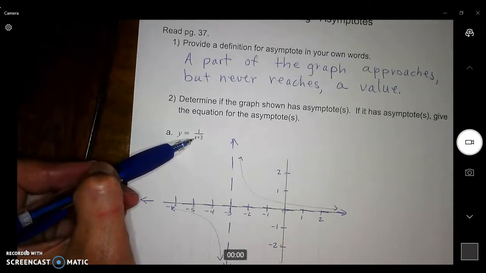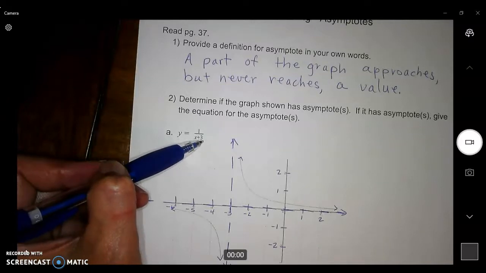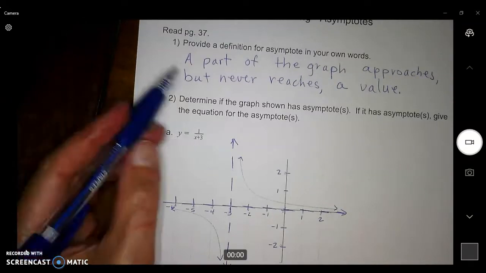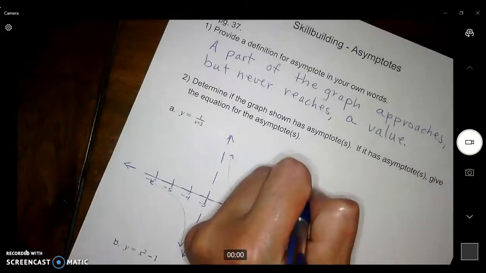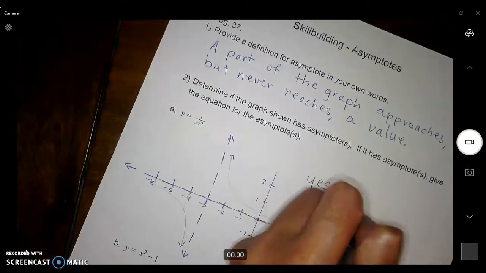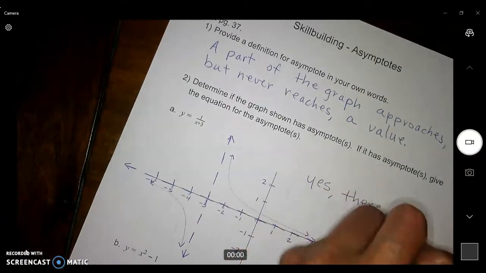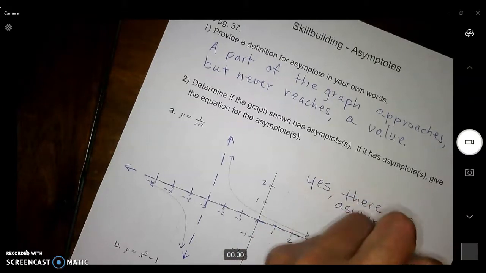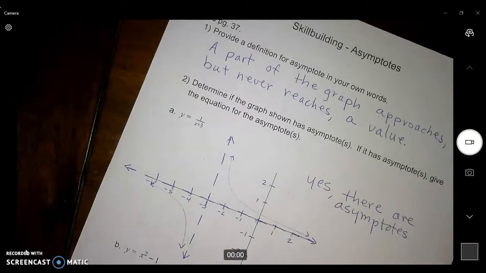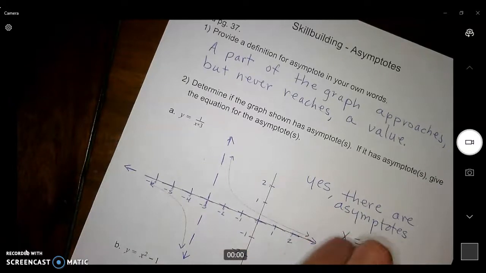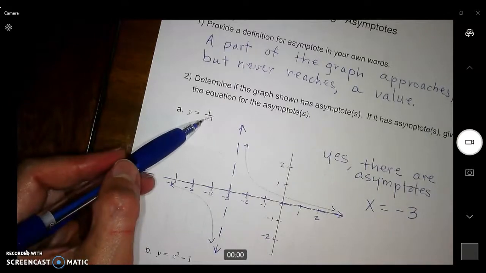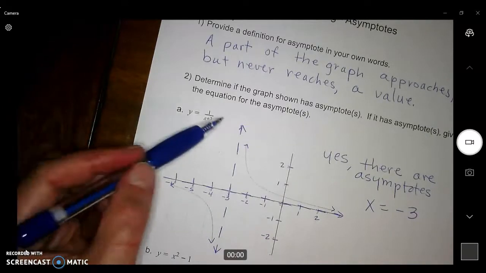So if we put -3 down here, -3 plus 3 is a 0, and 1 divided by 0 is an error. So this graph has an asymptote. Yes, there are asymptotes, and one of them is at x equals -3. Because if I plug a -3 into this equation, I get an error and I can't divide by 0.